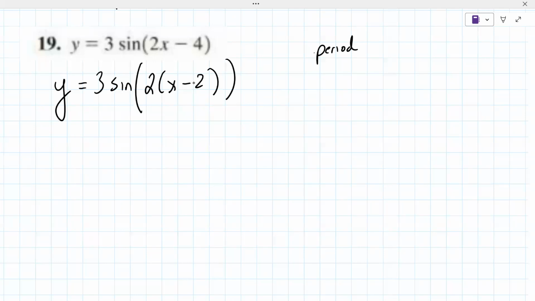The next thing here is the period is always 2 pi over b. This is b. B is the number in front of x, but it's really the factored out b.